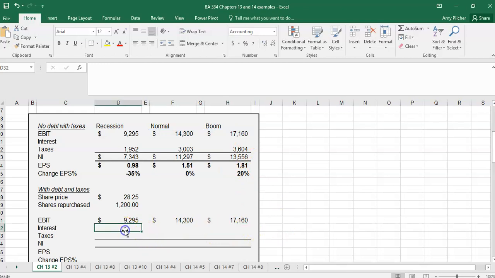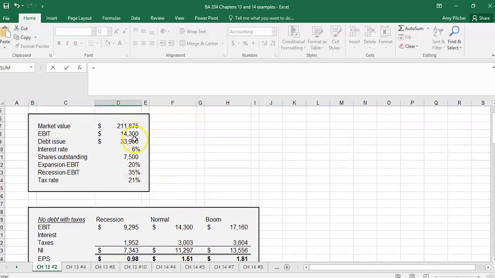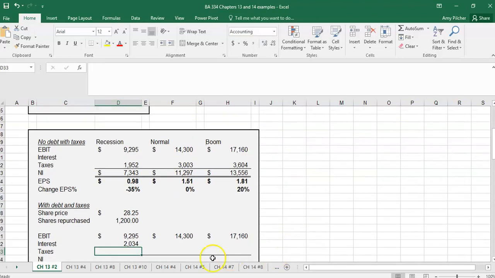But our net income will be different because now we're going to have interest payments. So our interest payments are the amount of the debt times the interest rate for debt.